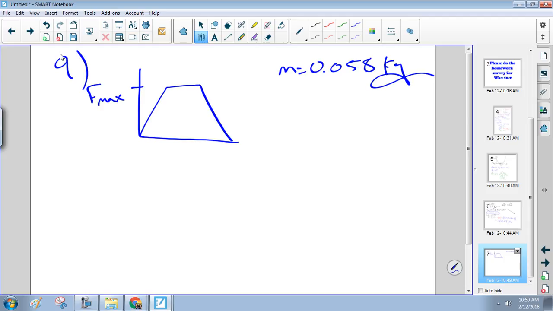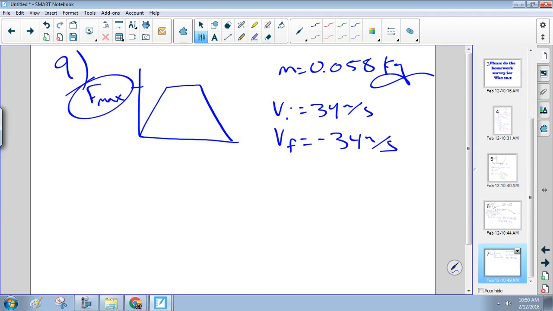The initial velocity of the ball is 34 meters a second, perpendicular to the wall, and then it rebounds directly back the way it came from. So our final velocity has to be the same thing, but negative, right? Cool? And the question wants to know what the maximum force was from the wall.